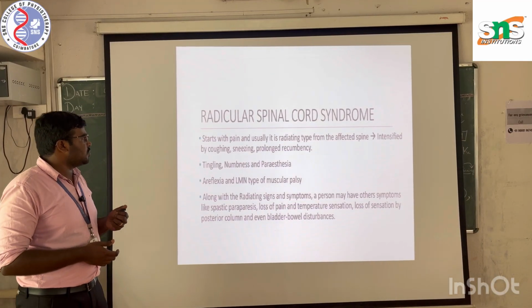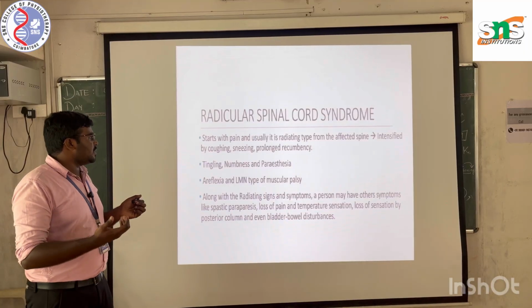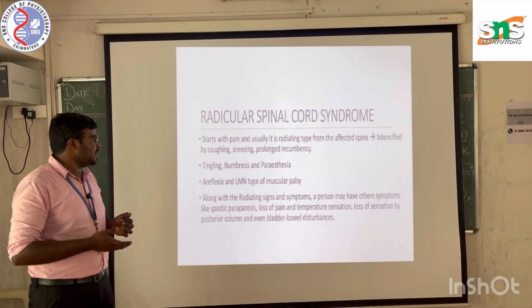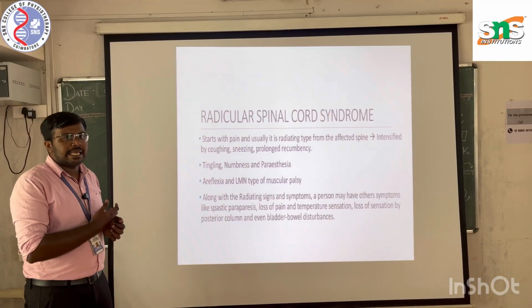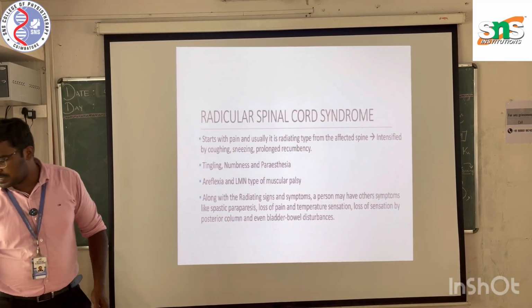In radicular spinal cord syndrome, pain radiates through the affected spine, and it is aggravated by coughing, sneezing, or prolonged recumbency. These patients have tingling, numbness, and paresthesia, and also areflexia is present in this syndrome.